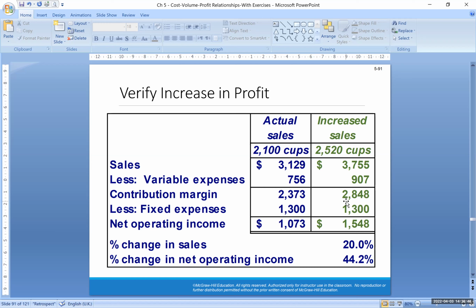We don't have any change for the fixed expenses, so minus 1,300, and the answer will be 1,548. Now, I need to calculate the change in the net operating income.